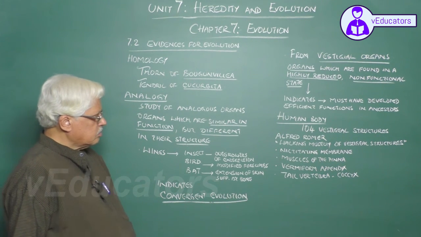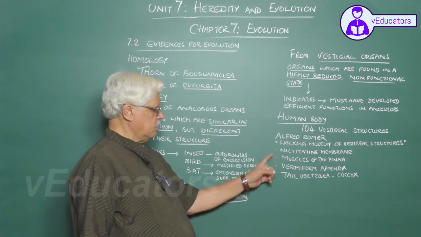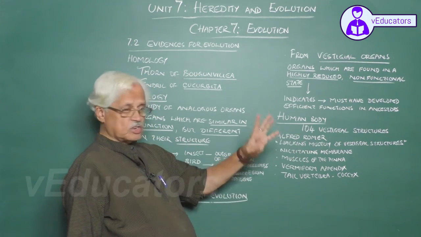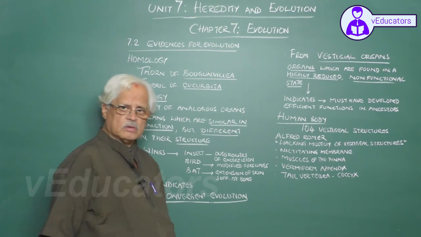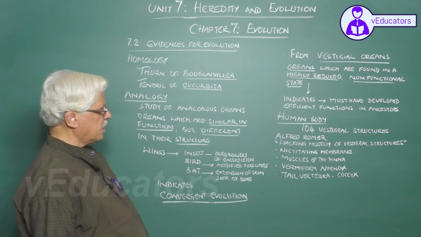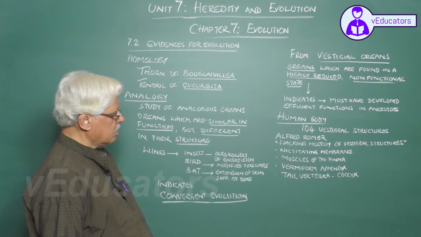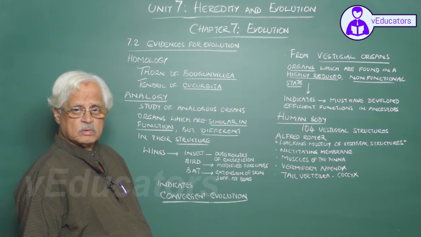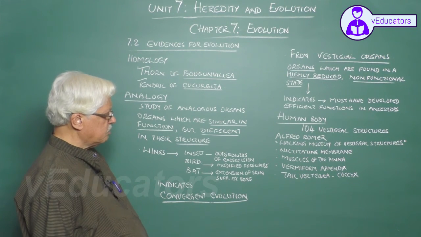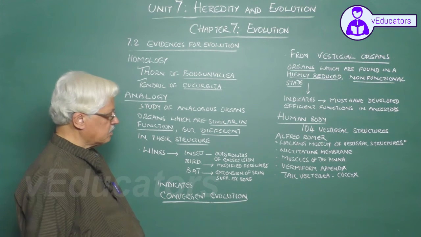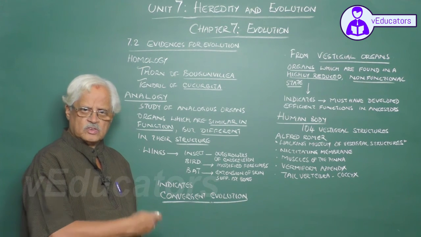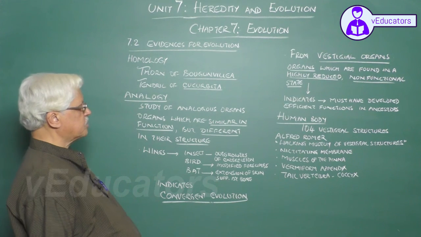So these are just 4 of the 104 vestigial structures present in the human body, indicating that evolution has taken place. In the course of evolution, there is a change of functions, therefore some organs develop better, some organs become reduced.